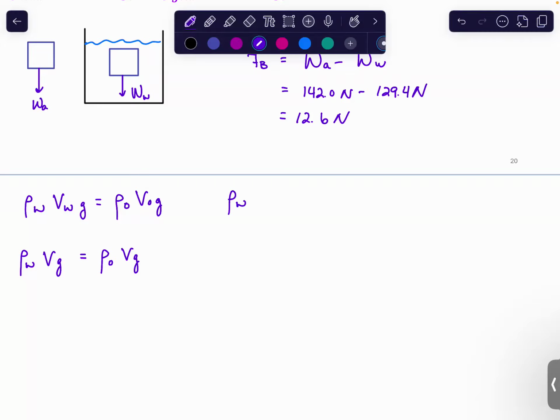We know that this, and then rho times volume, the mass of the water, times gravity, is going to equal our buoyant force.